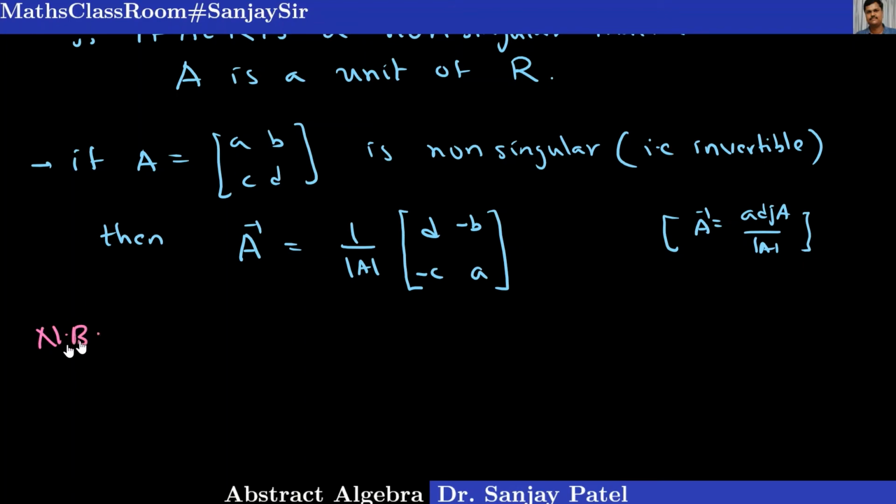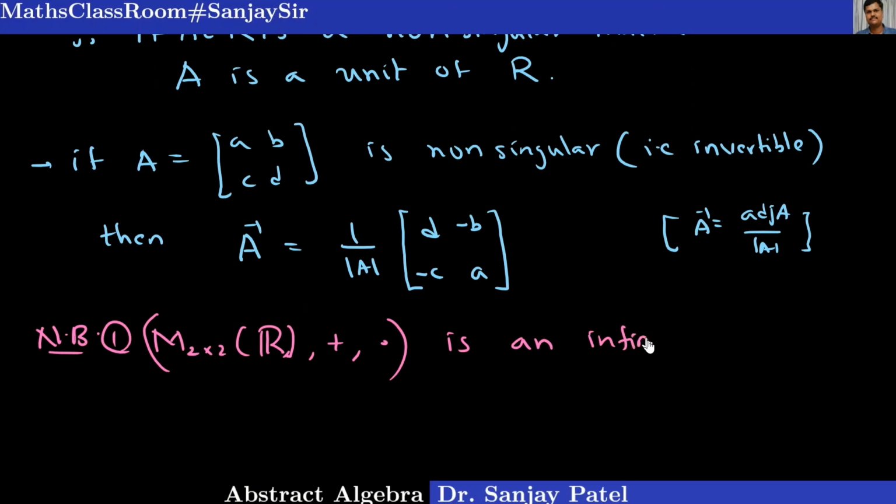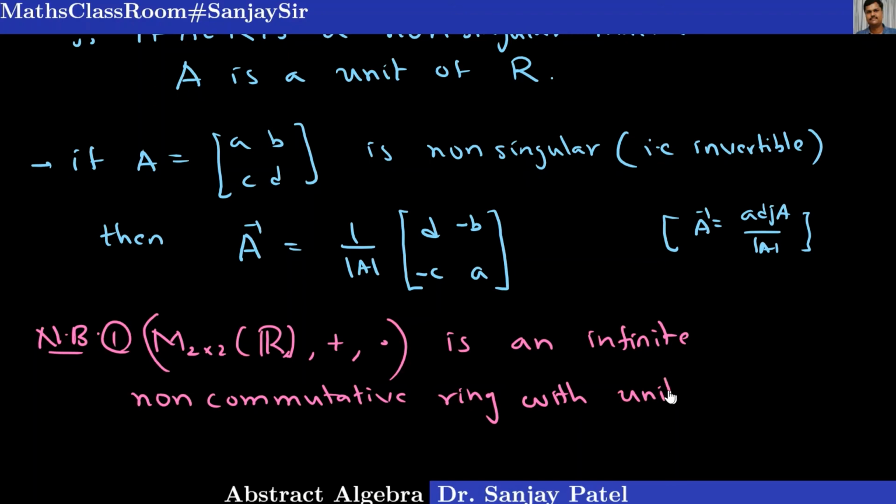Note that M2x2(R), comma plus, comma dot, is an example of an infinite non-commutative ring with unity element, with unity 1 as the identity matrix 1, 0, 0, 1.